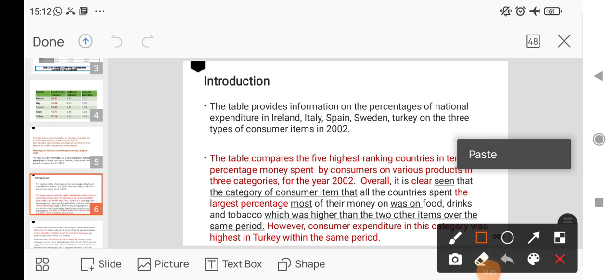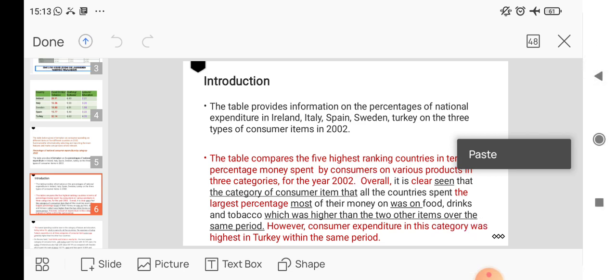Look at the linking word, overall. That gives your work cohesion. These are called linking devices, right? So that you are not just writing sentences that do not have a wide range of sentence structure.